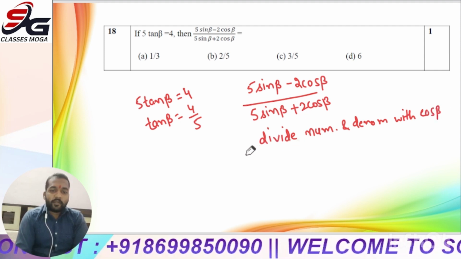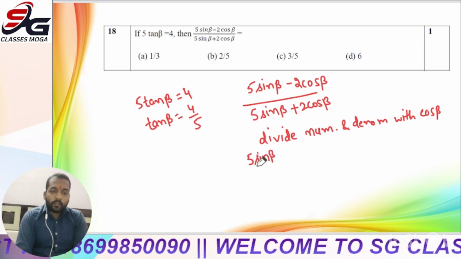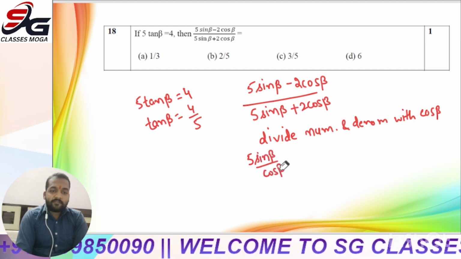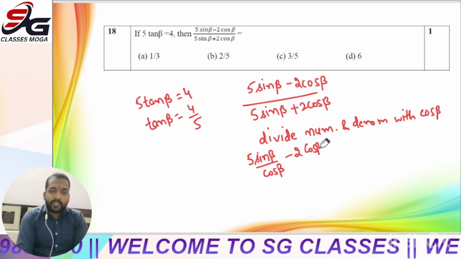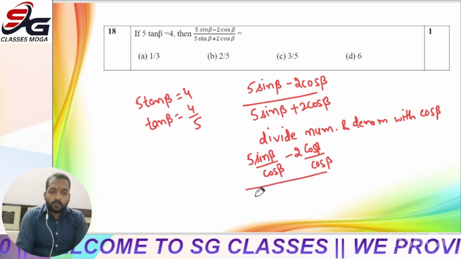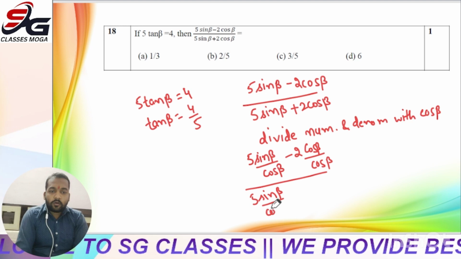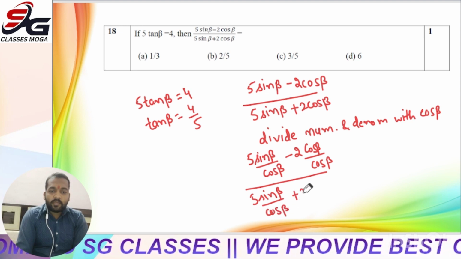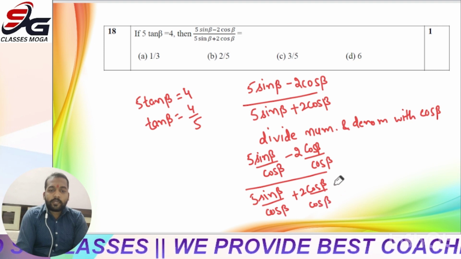When we divide numerator and denominator with cos beta, it becomes 5 sin beta over cos beta minus 2 cos beta over cos beta, over 5 sin beta over cos beta plus 2 cos beta over cos beta.